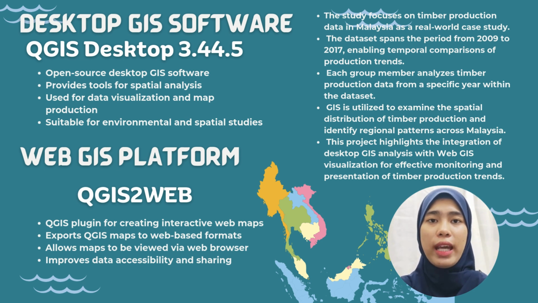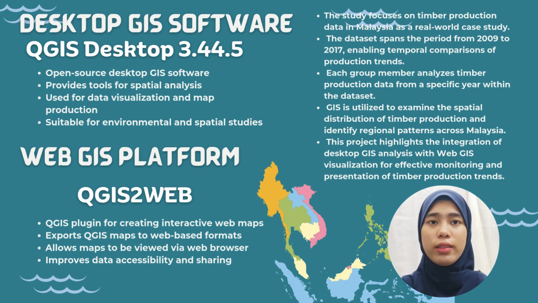This QGIS plugin allows us to create interactive web maps. Maps can be exported to web-based format and viewed via a web browser, improving accessibility and sharing of our findings.